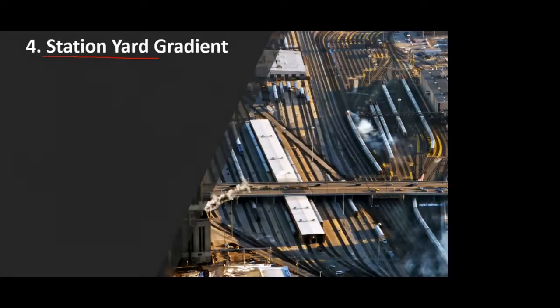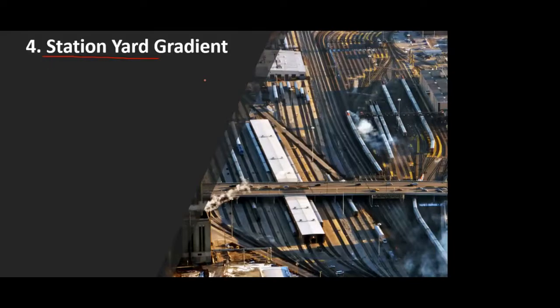Now a question might come to your mind: if it is just vehicles, it's just like a parking lot. If it is parked, why do you require a gradient for this station yard? So what do you think might be the answer? Just type it in the chat box: why do you think a gradient needs to be provided in the station yard?